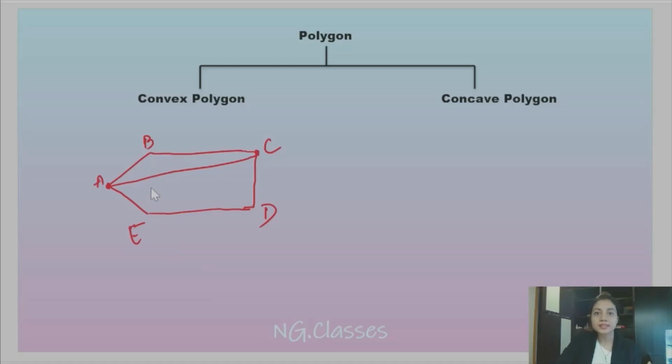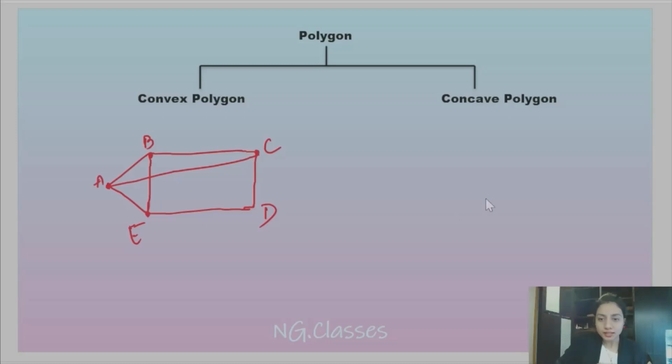It's lying inside the polygon. Or when you draw any other diagonal, like joining B with E, two non-consecutive vertices, this diagonal BE is also lying in the interior of the polygon. Such a polygon is called a convex polygon, where whenever you draw a diagonal, it will always lie inside the polygon.